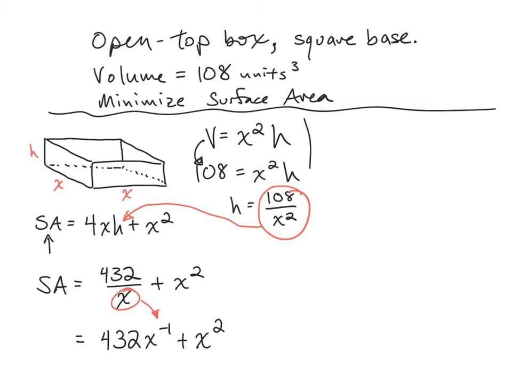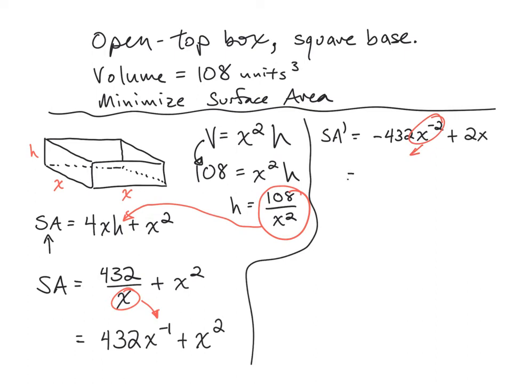So over here, the surface area derivative is negative 432 x to the negative 2 power plus 2x. And if I rewrite this so that the x to the negative 2 power gets bumped back down to the denominator, we have a derivative that looks like this.